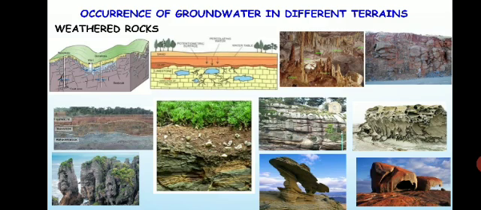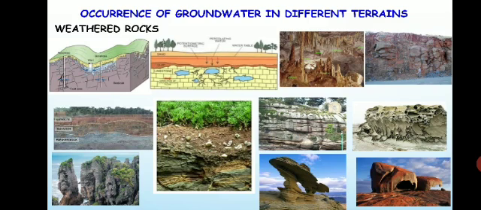There are different types of weathering, like physical weathering, chemical weathering, and sometimes the rocks undergo biological weathering also. So these weathered rocks are a good source of water.